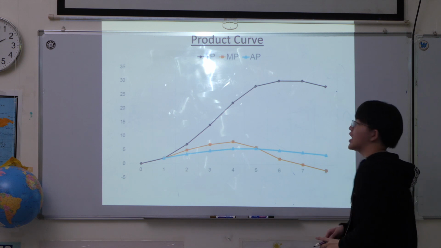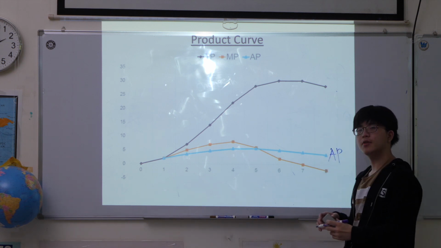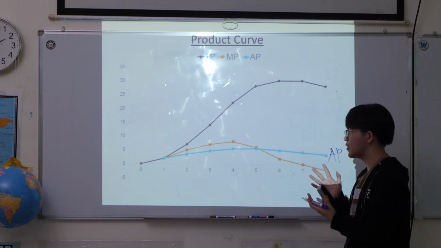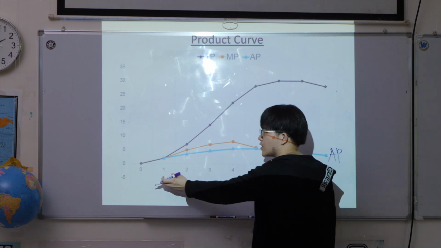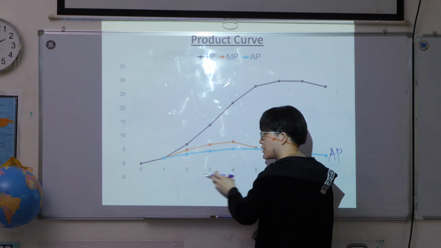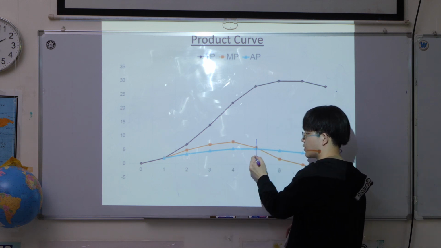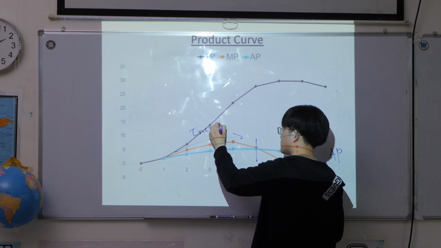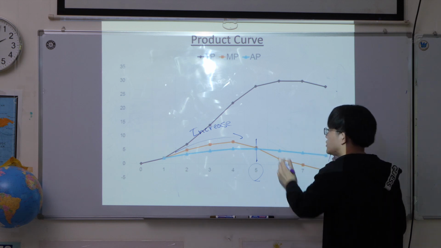And we have average product, the blue curve. Average product has a quite different feature from the marginal product curve. From the labor of 1, it starts to increase up to 5. Okay? But after this point 5, it starts to decrease.